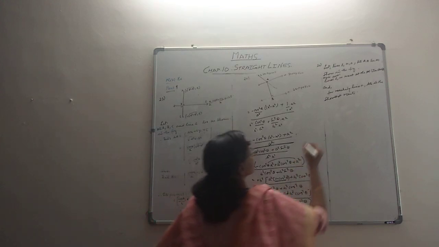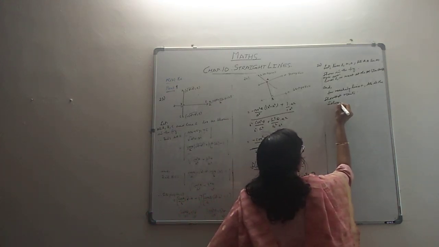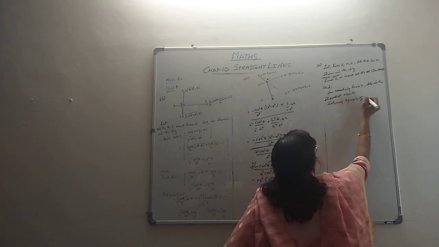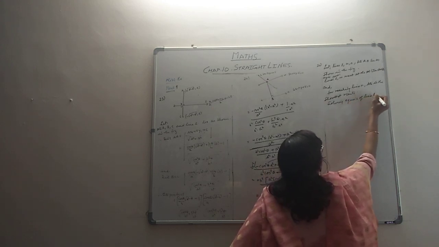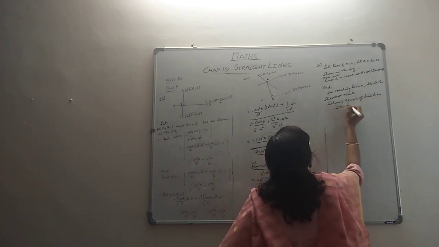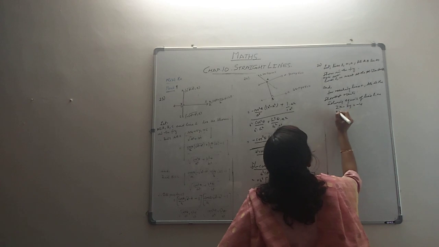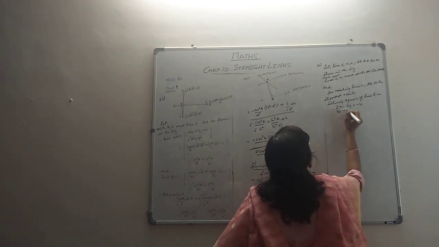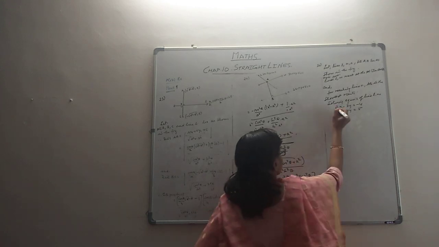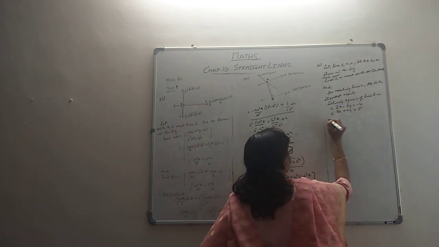Okay, solving equations of lines L, M. That is 2x minus 3y equal to minus 4, 3x plus 4y equal to 5. So we do this, multiplied by 3, this multiplied by 2.